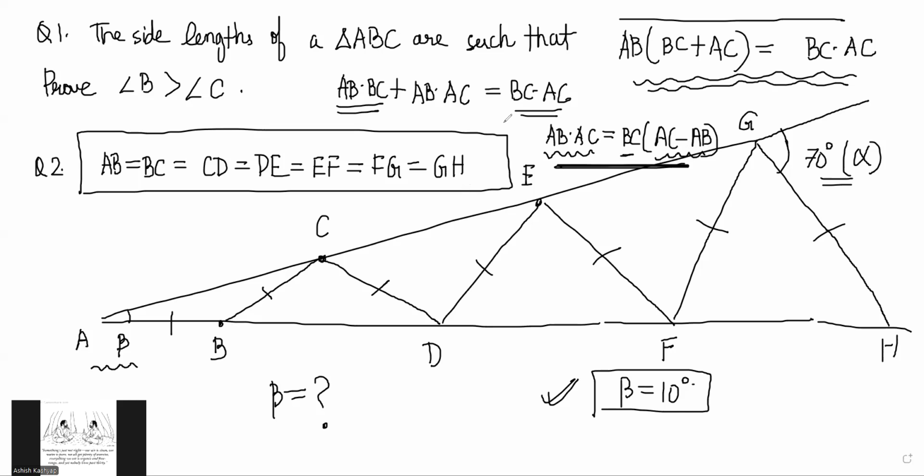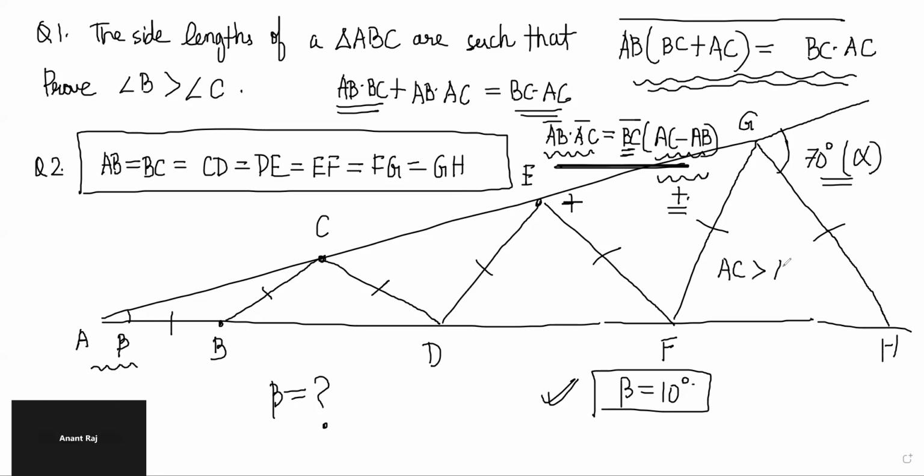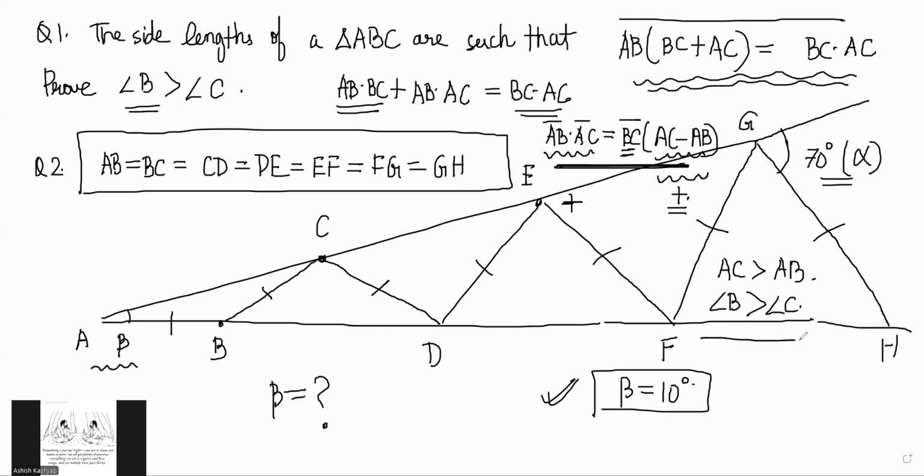Now, obviously, if these are sides of a triangle, the sides are all positive. So the LHS is positive. So this term is positive. So this also should be positive, right? So AC is greater than AB, and therefore angle B is greater than angle C. We are rearranging the terms.